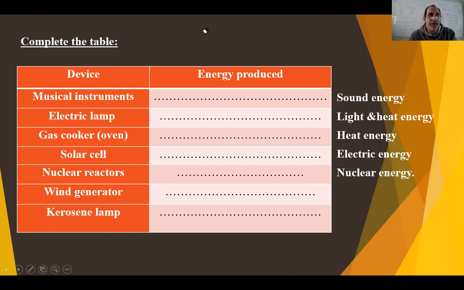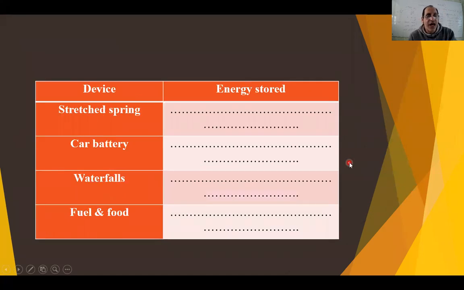Now let's go to another one. The wind generator, we use it to generate electricity by the wind or the kinetic energy. Kerosene lamp, we use the burning of fuel to give light energy. You can mention light and heat. The last type of questions is the energy stored inside.